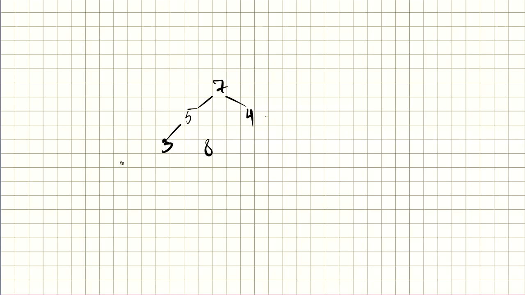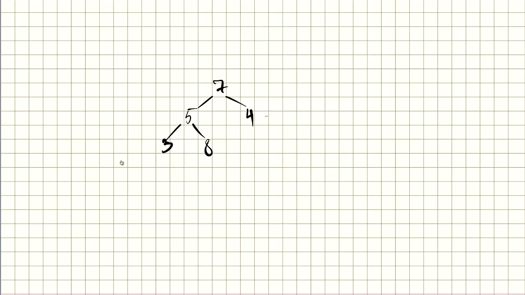To ensure that the second invariant, completeness, holds, we put it here at the lowest level. And then it's connected to this parent, and we see that the sortedness invariant doesn't hold because 5 is not larger than both of its children. So what we need to do is rise this up to where it needs to belong.